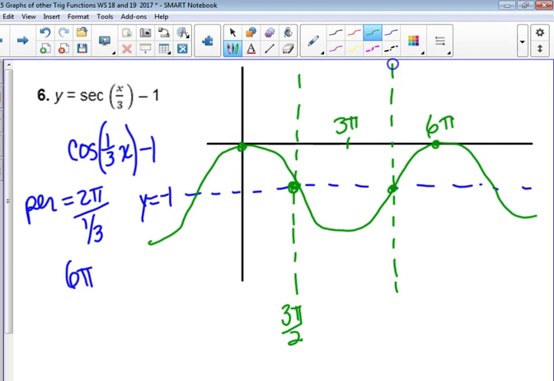What's between 3 and 6, guys? 3 and 6, half of that would be 4.5, which is 9/2. Yep. You don't have to label that one. You could have gone this way and gone with negative 3 pi over 2, right? Okay, now we just flip them.